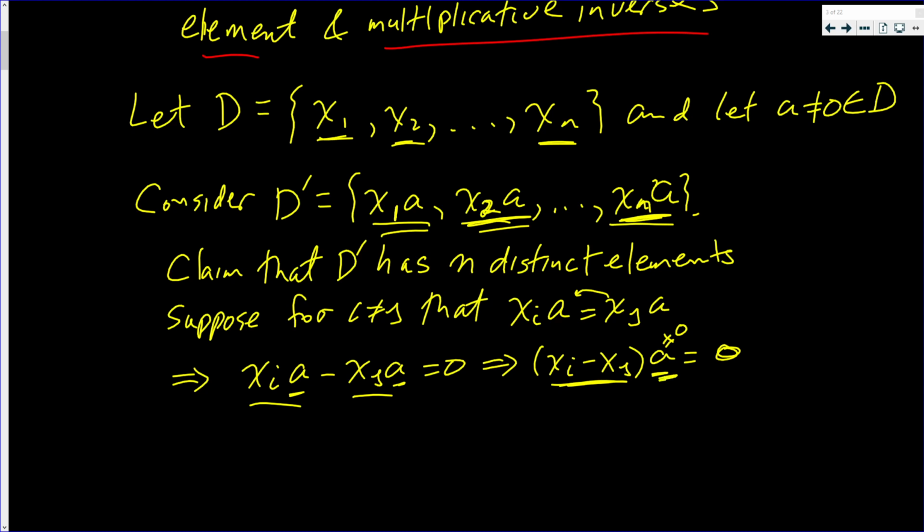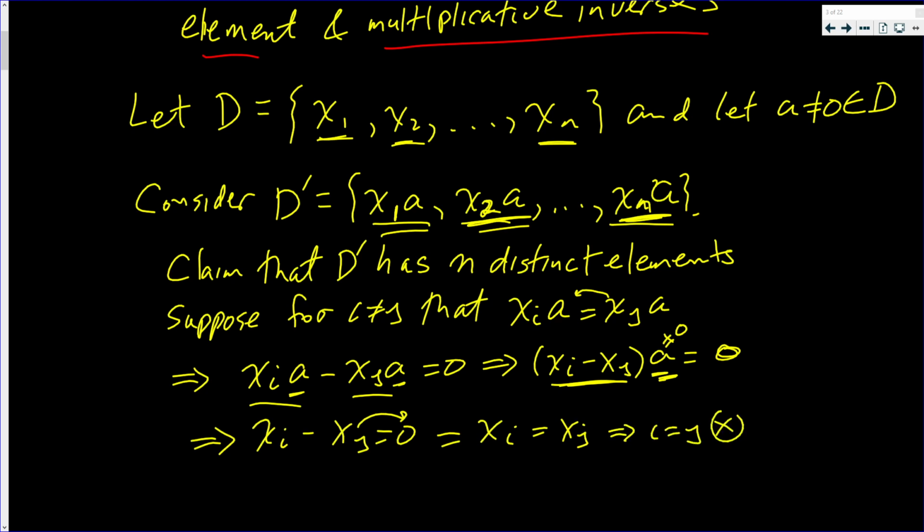That implies that xi minus xj is 0. Bringing the xj over, that implies that xi equals xj. But that means i and j are in fact equal. And that's the contradiction.